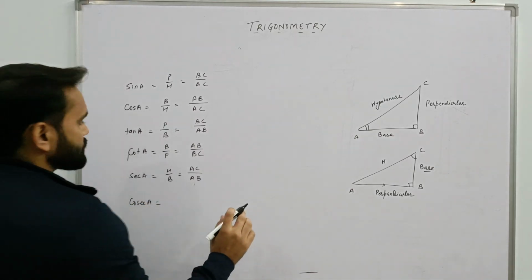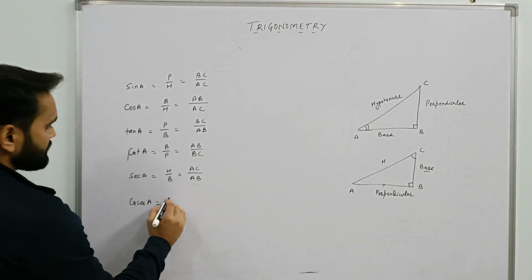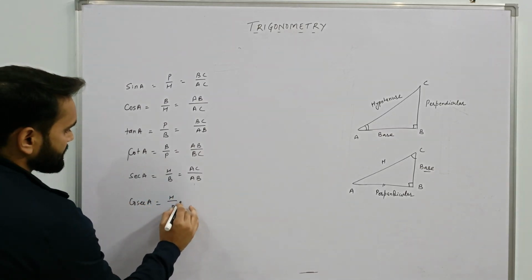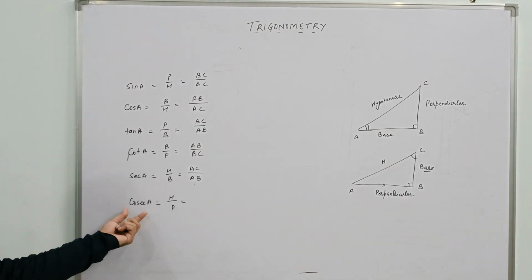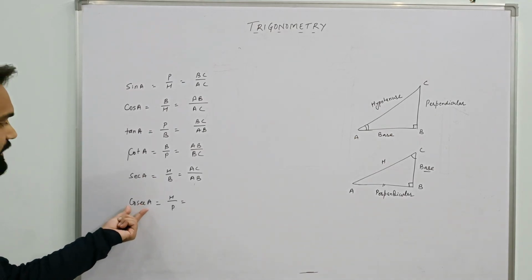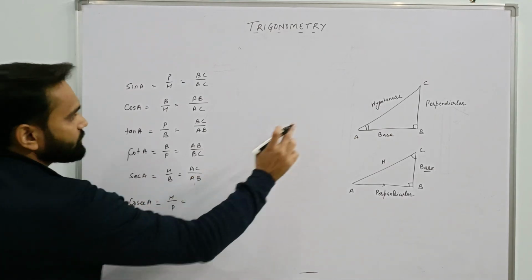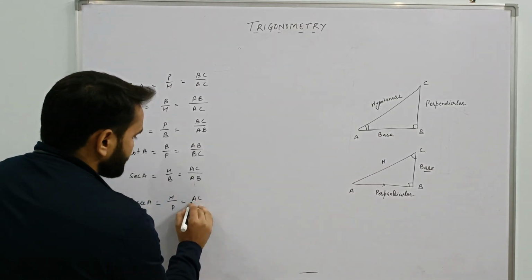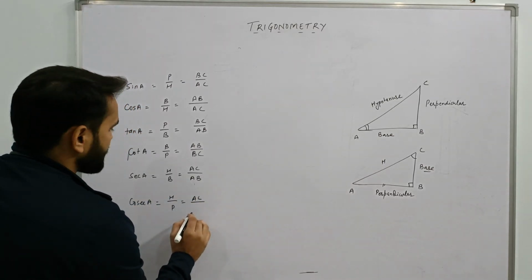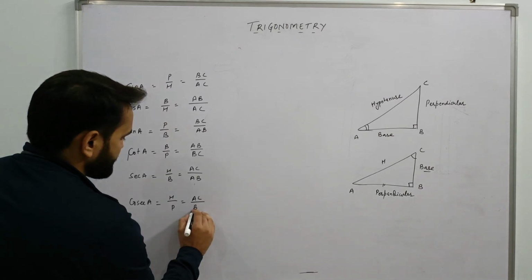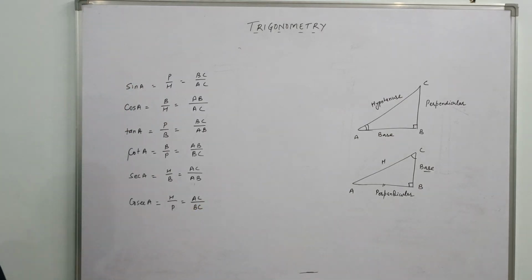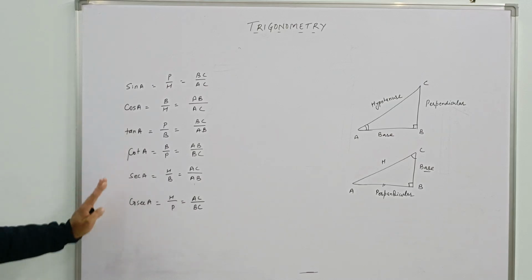When we take the ratio of hypotenuse to the perpendicular, then we get cosec A, cosec of angle A. So for angle A, the hypotenuse is AC and the perpendicular is BC. Okay, so here we have 6 trigonometric ratios.